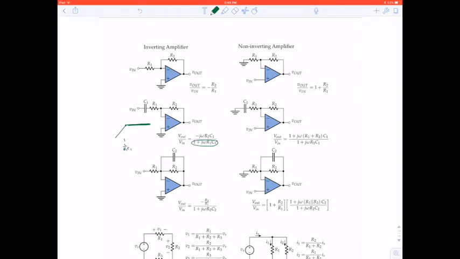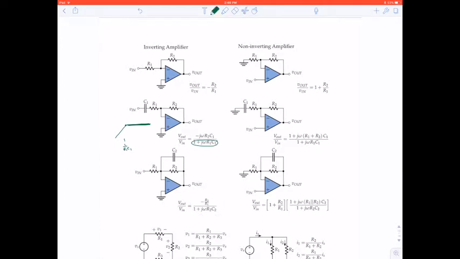Now for the circuit below, when the frequency is high, capacitor C2 shorts out, and the output becomes equal to the potential at the negative terminal of the op-amp, which through the virtual short is at ground potential. So at high frequencies, this design attenuates, and we can see that in the transfer function as well.